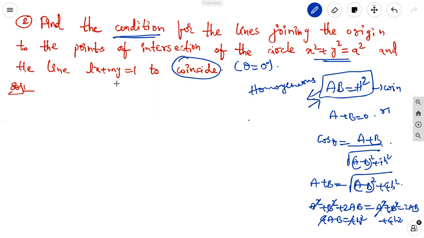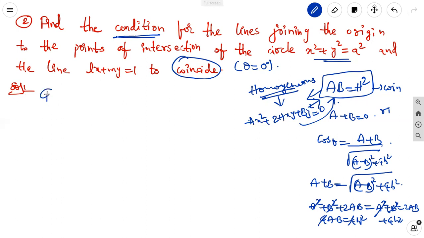That is the main thing. If the given curve is reduced to homogeneous, which can be expressed as ax square plus 2hxy plus by square equal to 0, from that we can apply the condition of the coincident, that is ab equal to h square. That is the relation for the coincident.